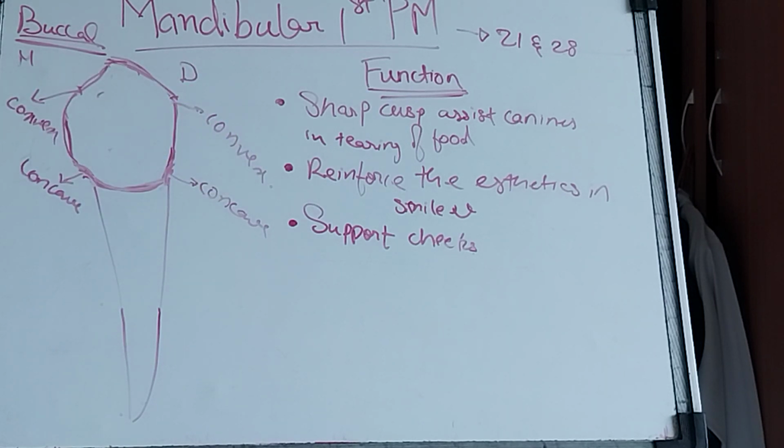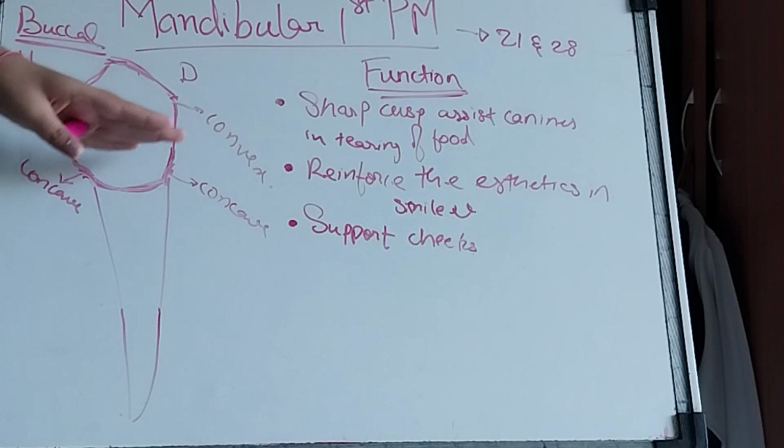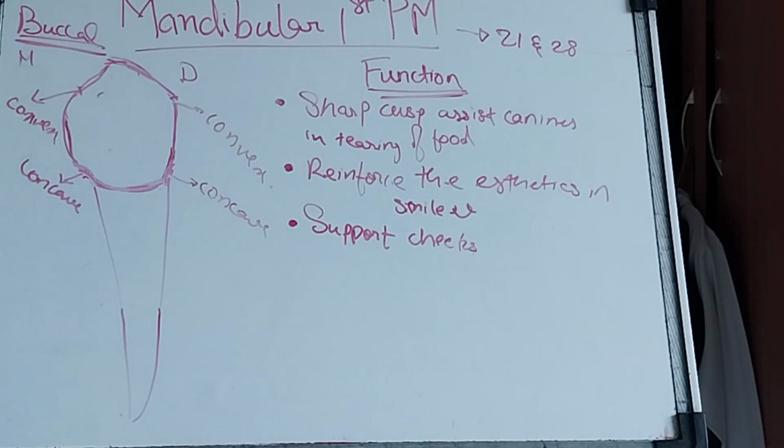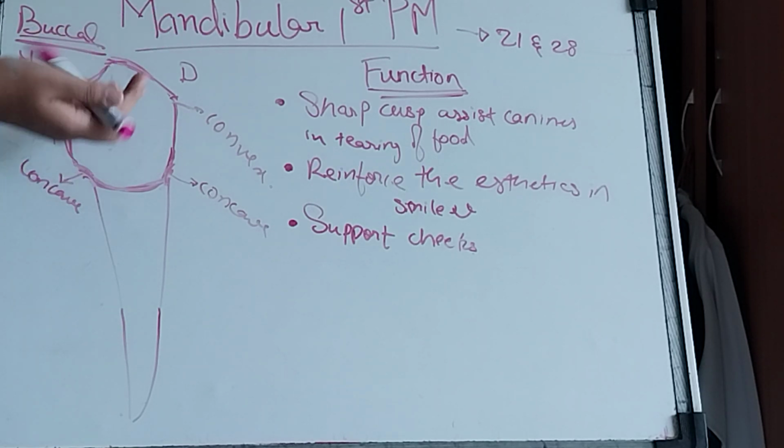Now, seeing the height of contour, that is the mesial contact area, it is just occlusal to the center of the crown.